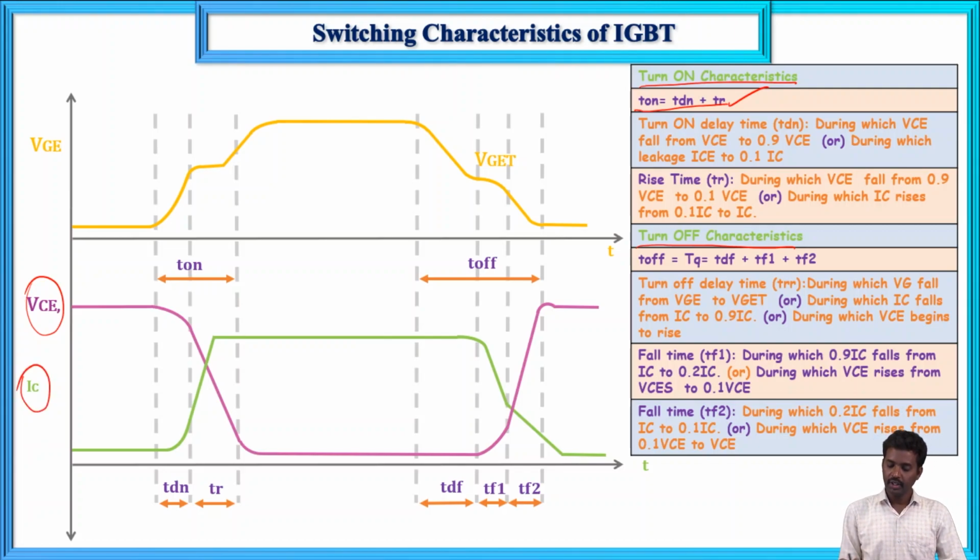Output voltage: the time during which VCE falls from VCE to 0.9 VCE. Otherwise, we can define this turn on delay time as the time during which the leakage current ICE rises from ICE to 0.1 IC.